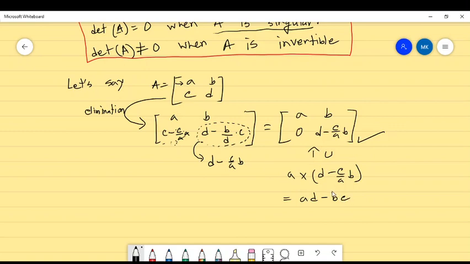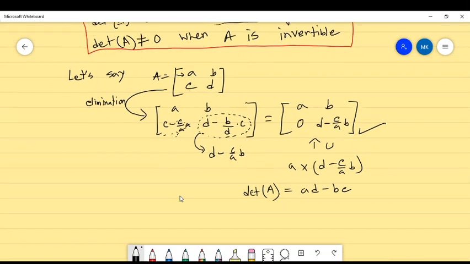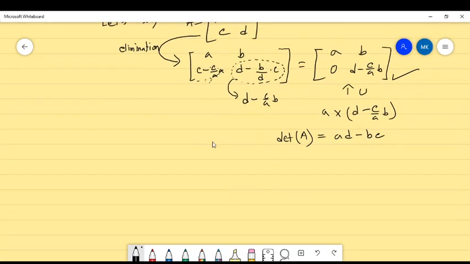This is the determinant of A. So the easy way to find the determinant of any matrix is to find the upper triangular matrix by Gauss-Jordan elimination, and then multiply all the elements of the diagonal.